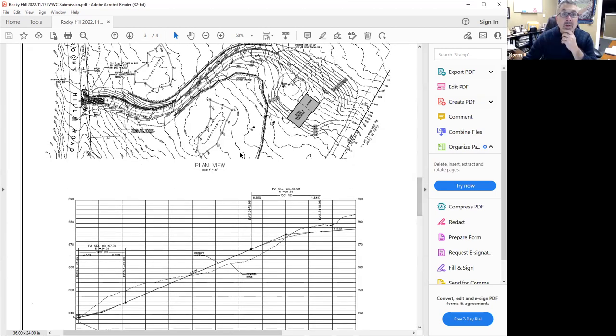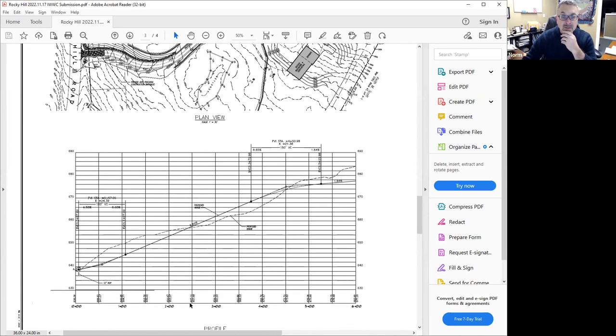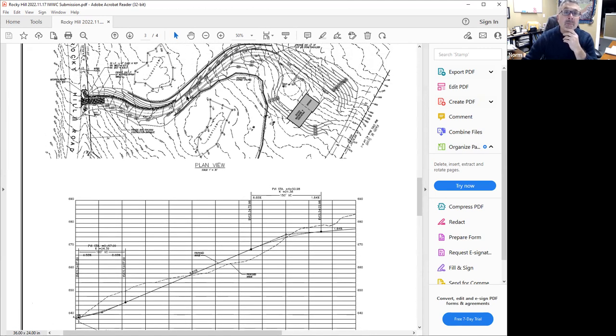Well, I don't think they would, and quite frankly, the only logical spot to do a pull-off would be right between the two wetlands. As you can see, this point right here, station about 250, is right about the midpoint of the spots between the two wetlands. So that would be an appropriate spot. Obviously, that creates a little more disturbance, a little closer to the wetlands.